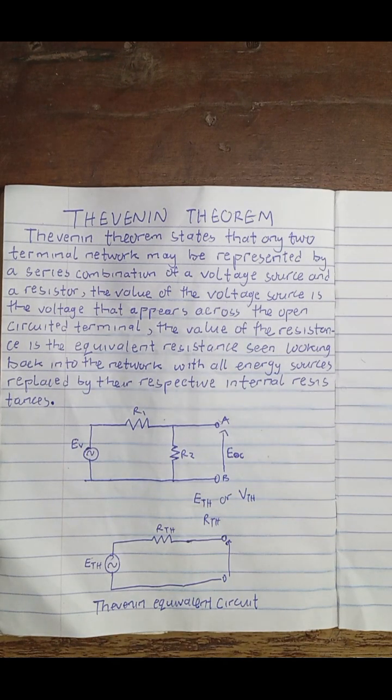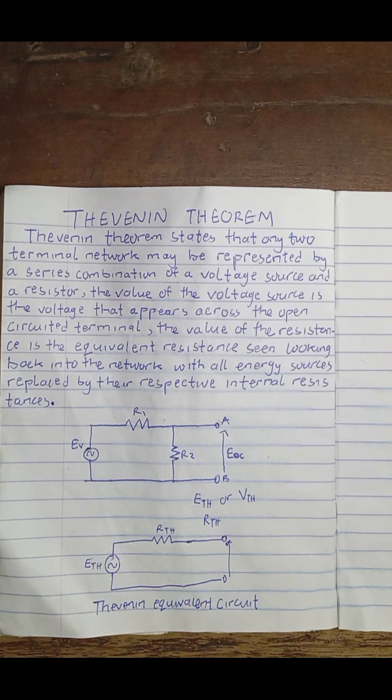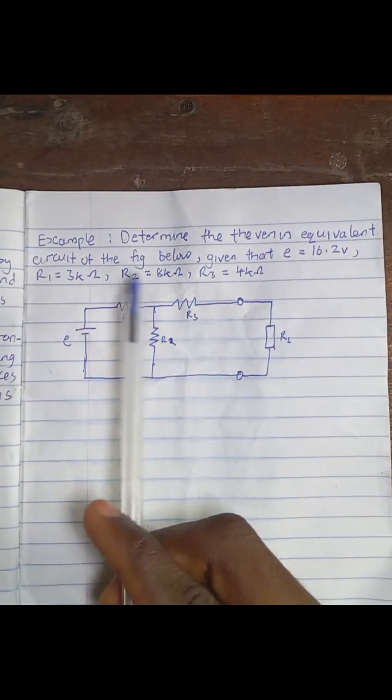Thevenin theorem is used to simplify that complex network into just a combination of one voltage source and one resistor, to make it better for efficient calculation in the network. Okay, so we have an example.